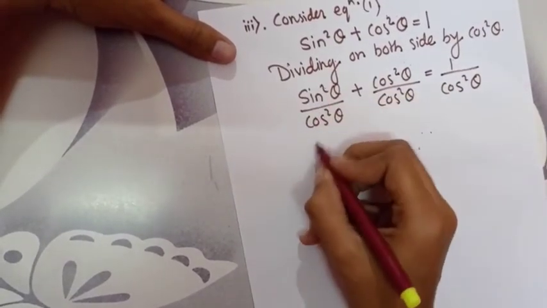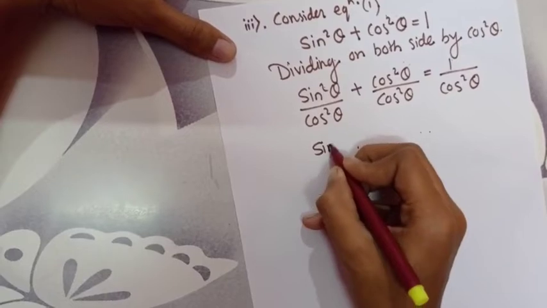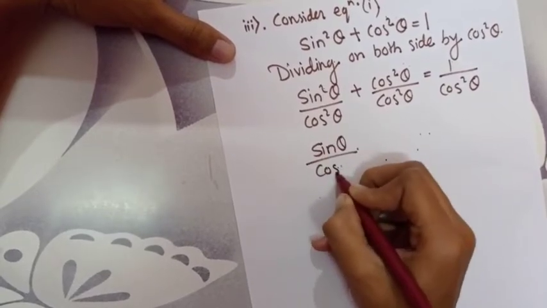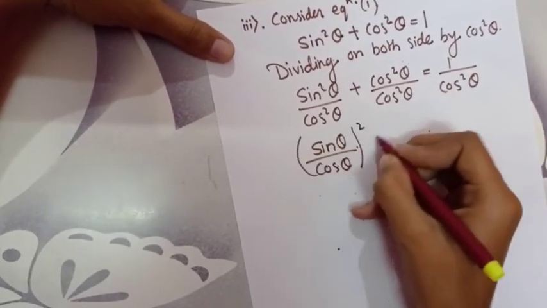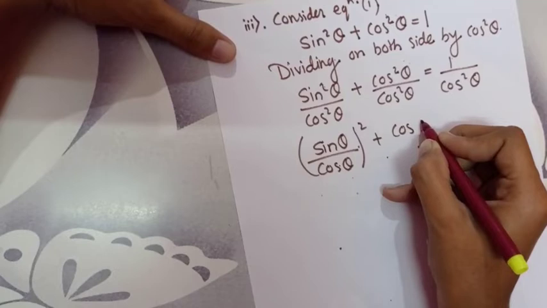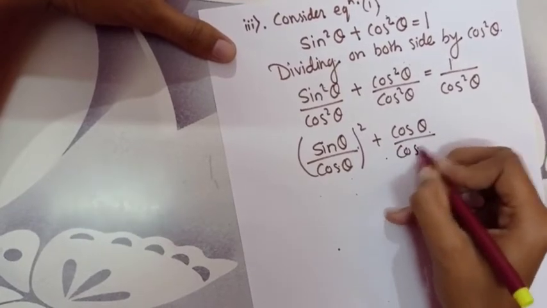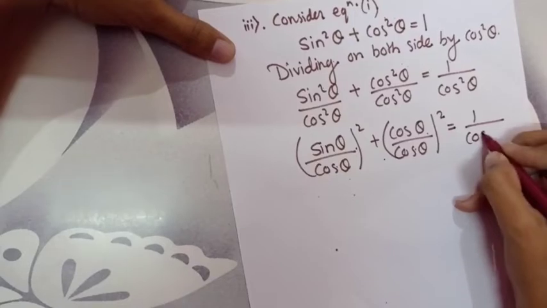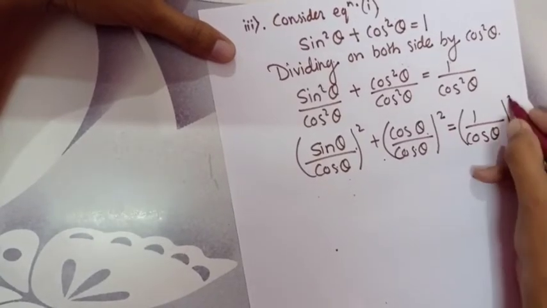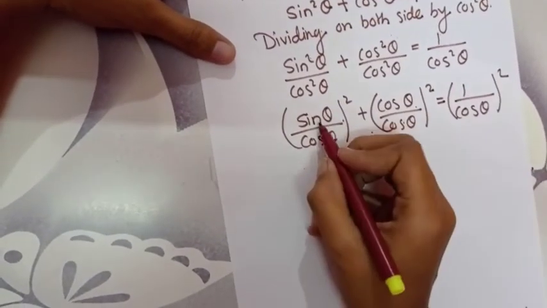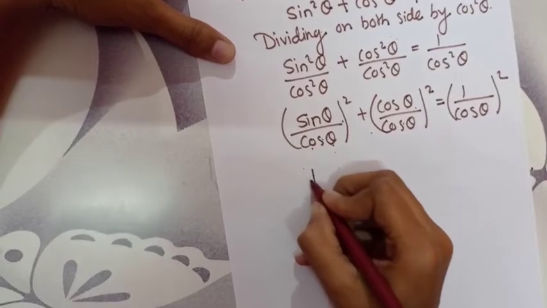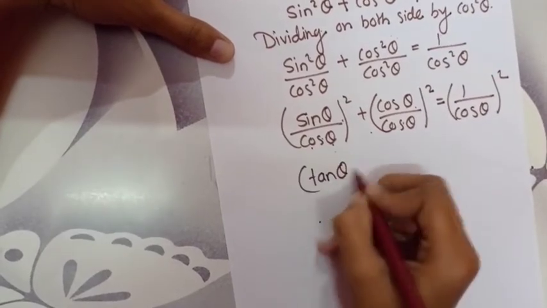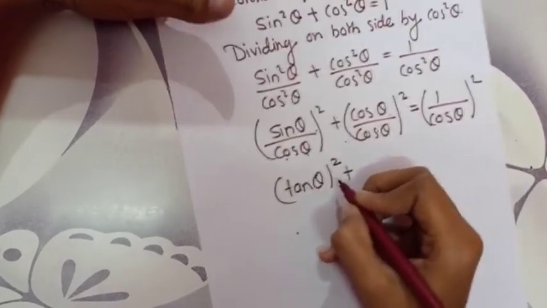Here sin square theta by cos square theta can also be written as sin theta by cos theta whole square plus cos theta by cos theta whole square, which is equal to 1 by cos theta whole square. Here we know sin theta by cos theta is tan theta, whole square should be kept as it is.